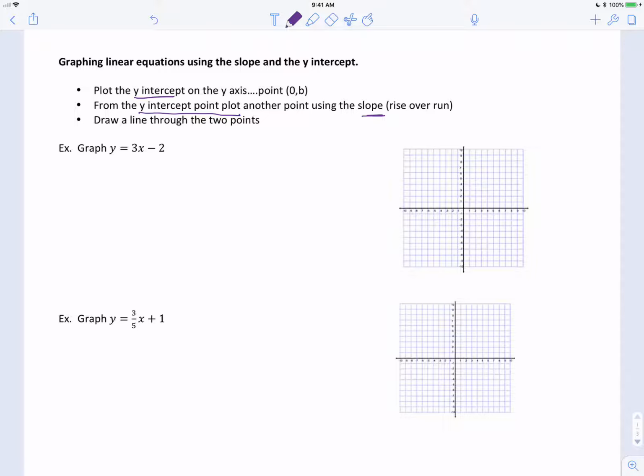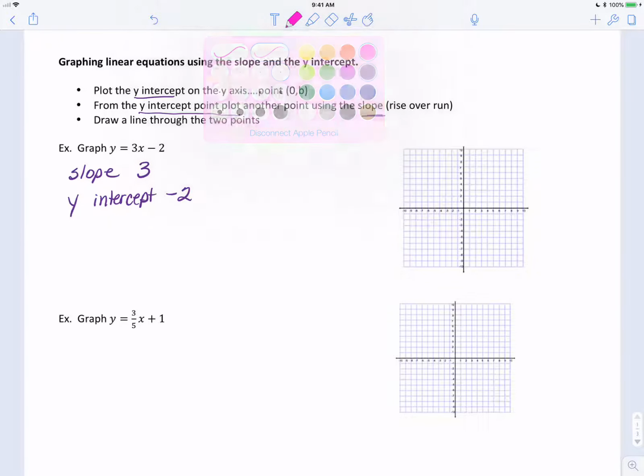In this case, we have y equals 3x minus 2. So here our slope is 3, and our y-intercept is at negative 2. The first thing we're going to do is plot the y-intercept, and that is at (0, -2).